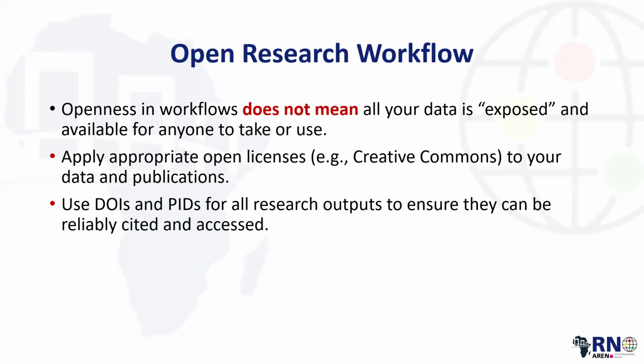Whether it's a protocol, a data set, your publication, or an image, they give you an ID so you can easily say, use this link and go here. It's quite important that you apply this to all your outputs too. So if you have a profile on, let's say, ORCID, or you are trying to share your research data openly, you can say, I've submitted them on this platform, and this is the ID. It makes it easier, rather than having everything in one place, you can just have links to all your information.